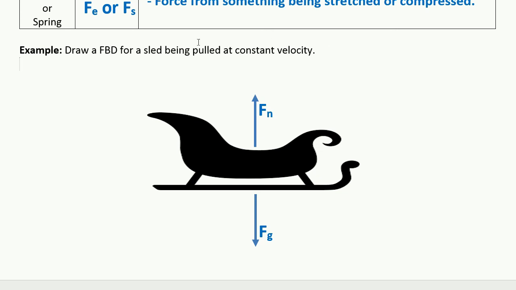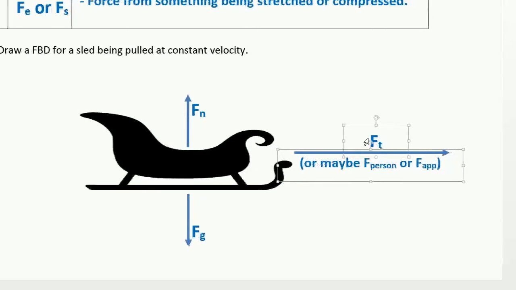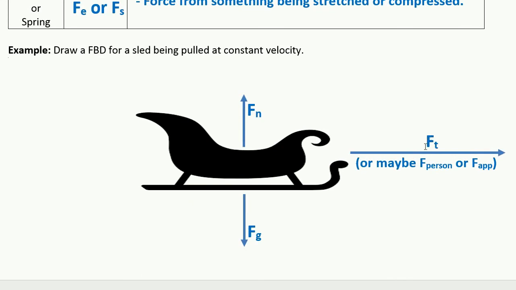We also said this sled was being pulled. So over here, I don't know exactly how this is happening, but in some way or another, there's a force pulling the sled to the side. Now, I think that most often when sleds are pulled, it's because they've got a rope or something tied to them, which means that probably the best name for this force pulling the sled to the right, because it's coming from a rope, is Ft, or tension.